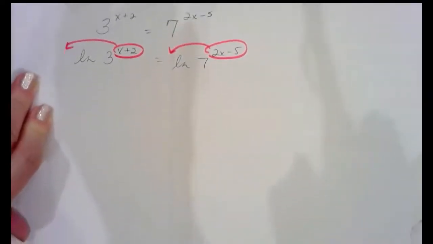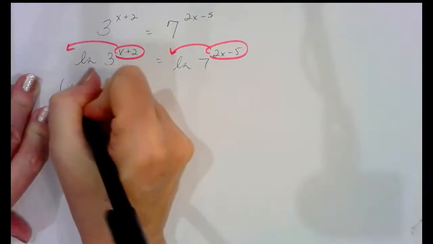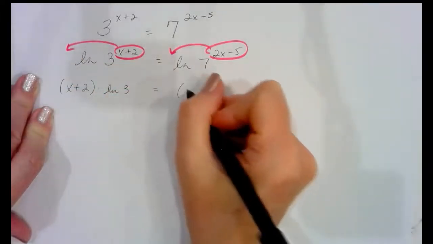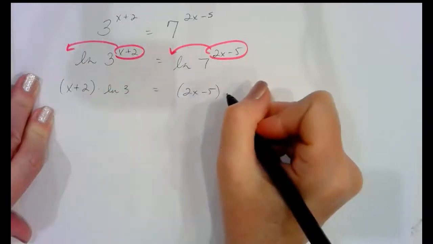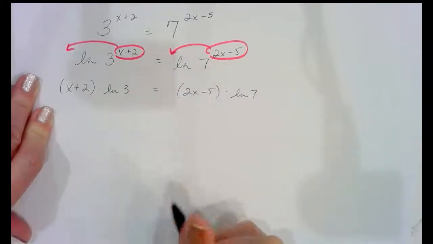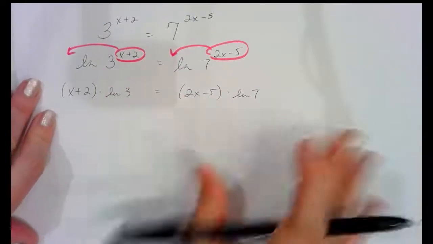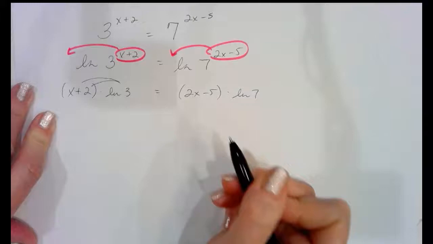So our problem is turning into x plus 2 times ln of 3 equals 2x minus 5 times ln of 7. Remember, ln of 3 is a constant value that we are now going to distribute.